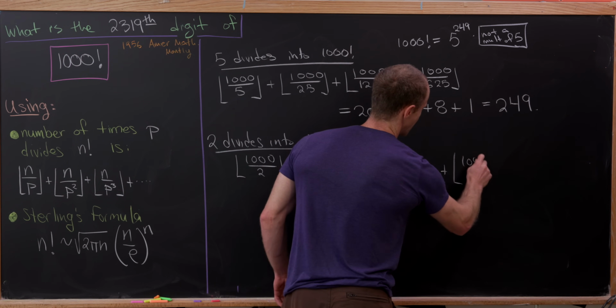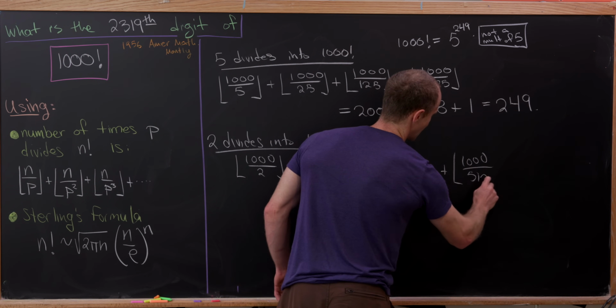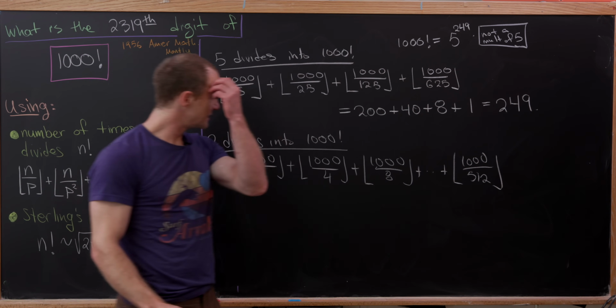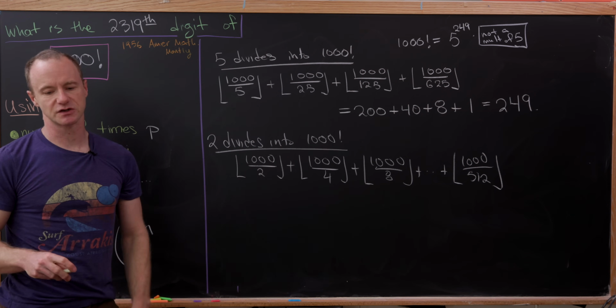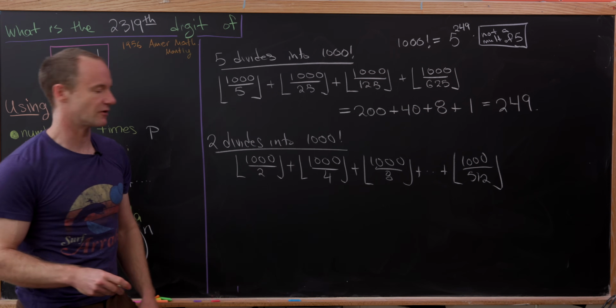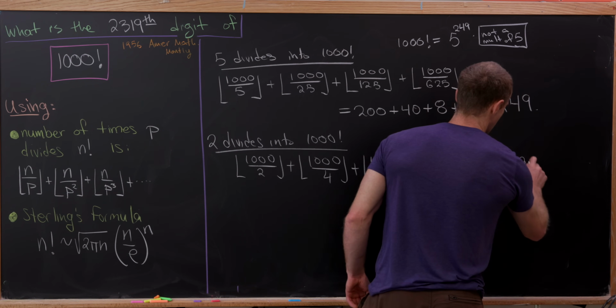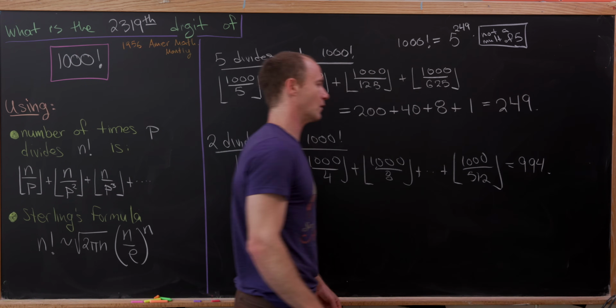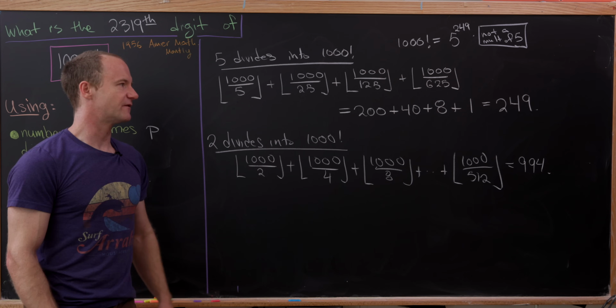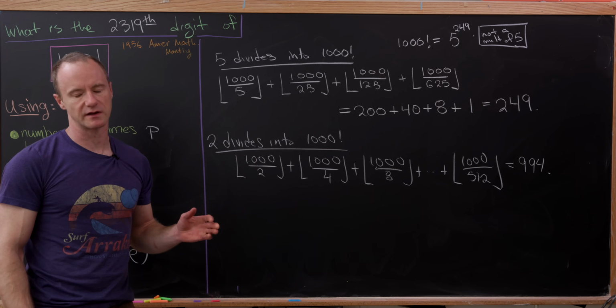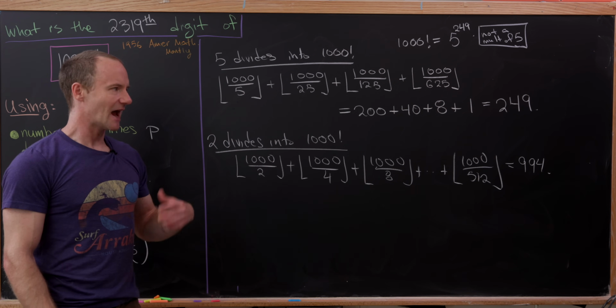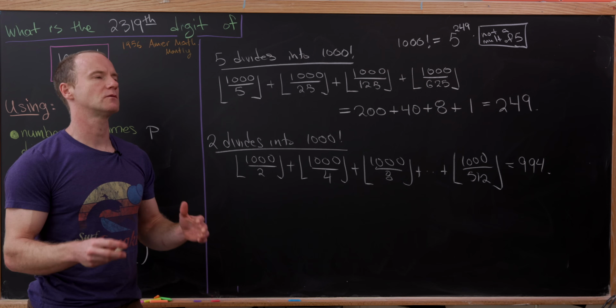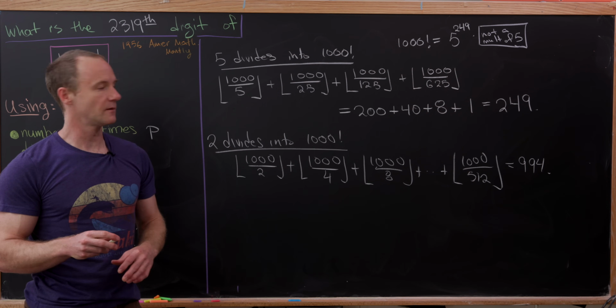The last thing will be 1,000 divided by 512. That's because the next power of 2 is like 1,024. The floor of that would give us 0. So adding all of this up, we get 994. Well, 994 is bigger than 249. So the extra powers of 2 won't really be super helpful.